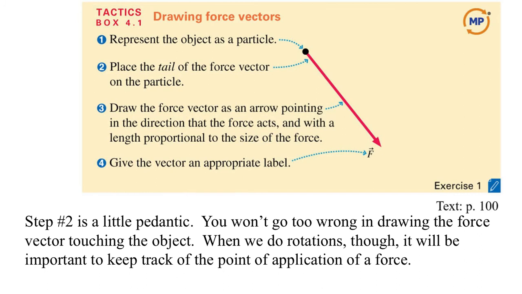If I had that baseball, and I want to say that the bat pushes it, to me it is more intuitive to say that the force looks like this. But this tactics box is correct in that the College Board generally will have the arrow start on the object and point away from it. So we're going to practice that as well.